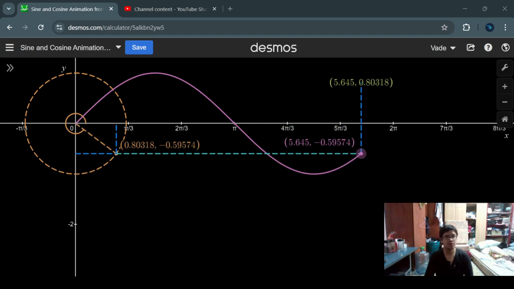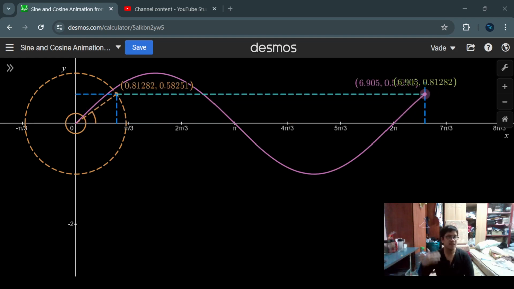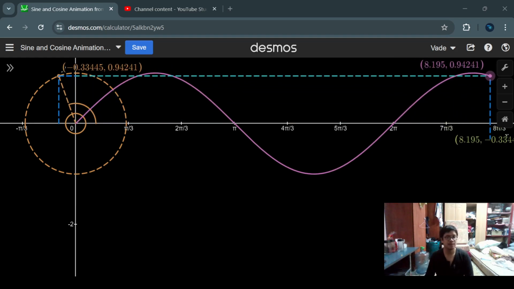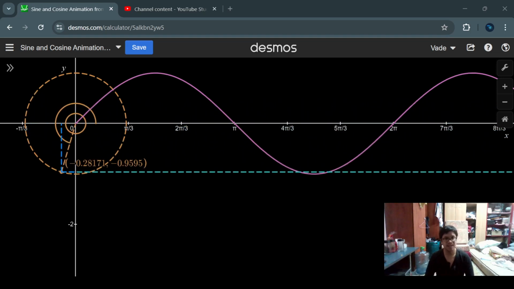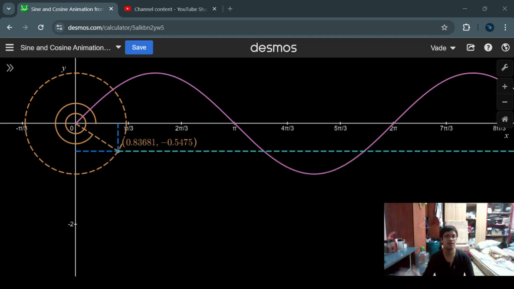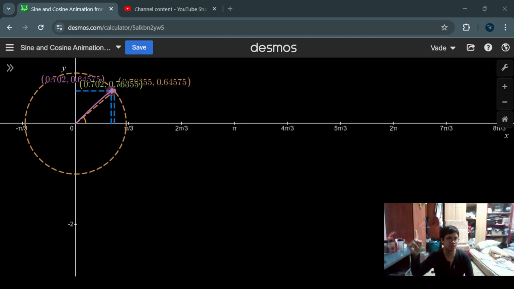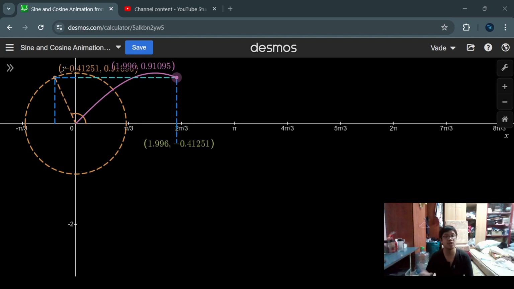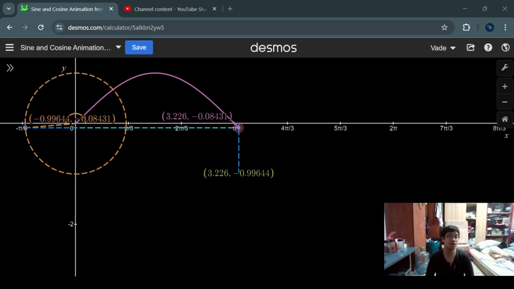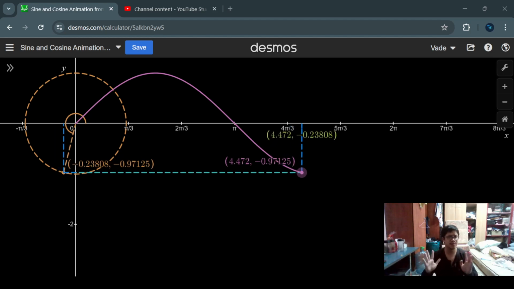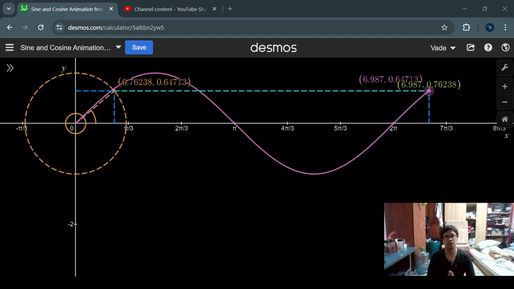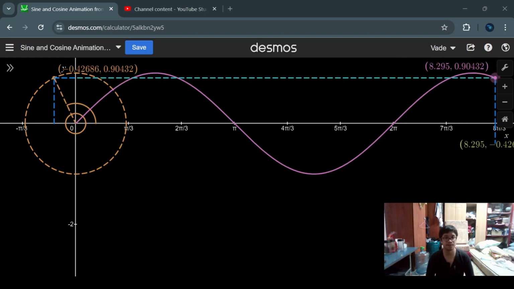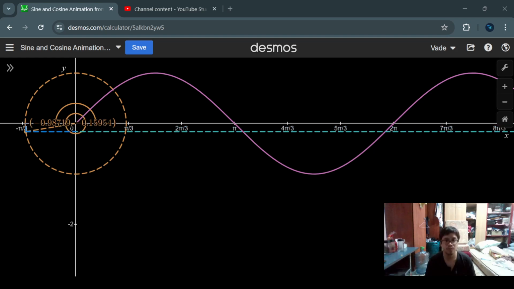Later on, I'll show you a given sine function whose graph is somewhat similar to the animation here. For now, let's talk about the concepts and other information we're going to learn about the graph of the sine function. Let's go to the next presentation.